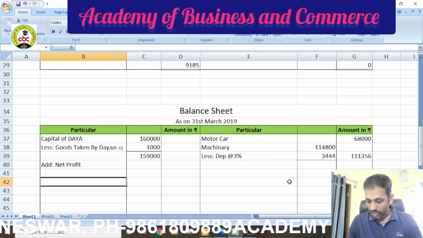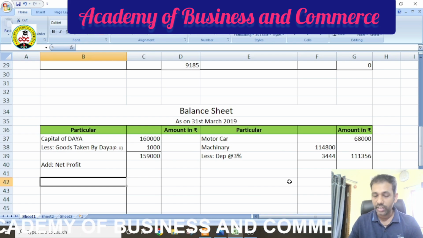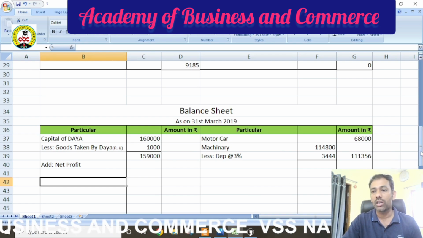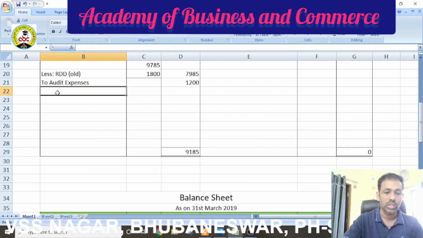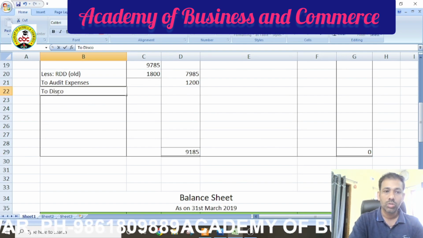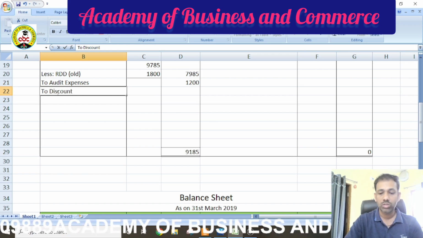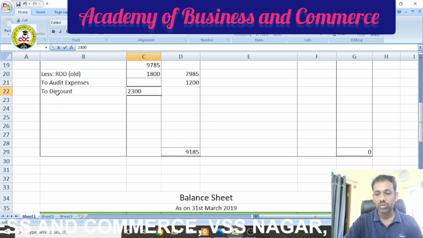Then our next treatment: audit fees is given, sales return is given, sales return is also taken. Then discount. Discount debit balance is a PL account item. So we have to take it in the PL account, because it is an expenditure, to discount. To discount is your 2,300 amount.